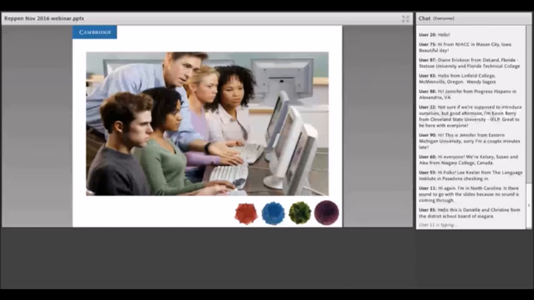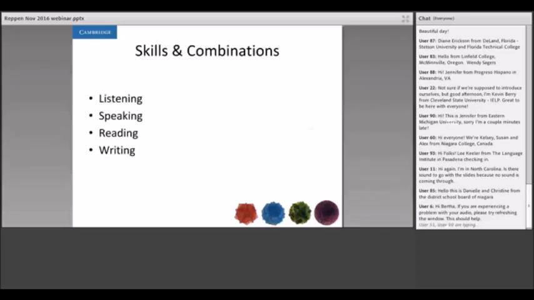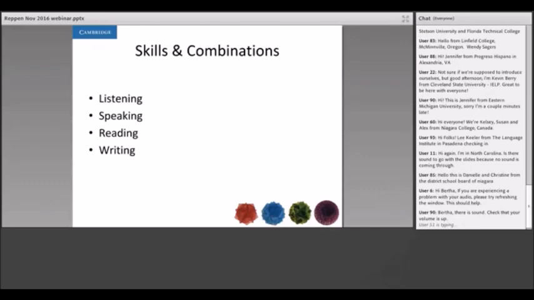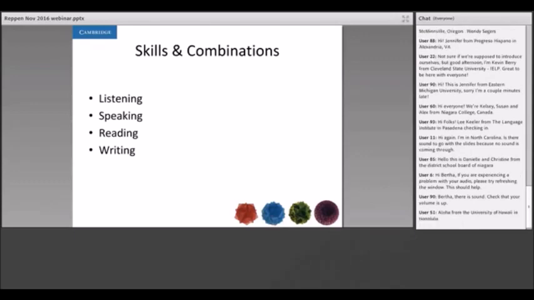So in this presentation, I'm going to give you four activities that I think in some ways are quite versatile. And the first one is the most versatile. Throughout this presentation, I'm going to talk about all these four skills, although as my students know, I also think of vocabulary and grammar as part of the skills.